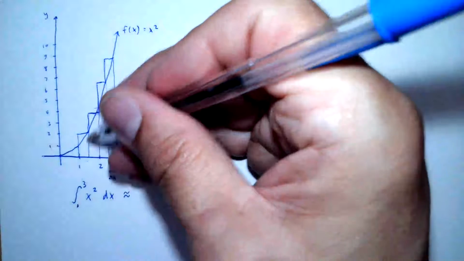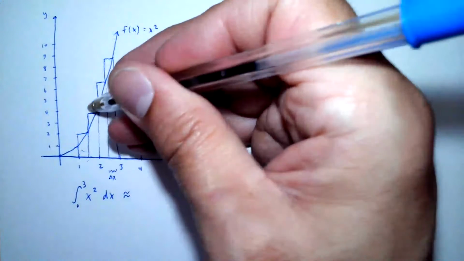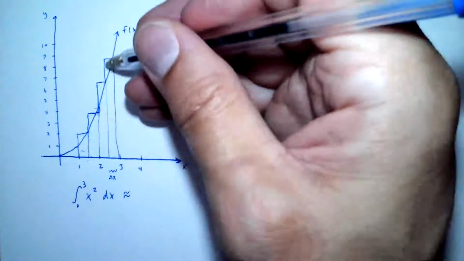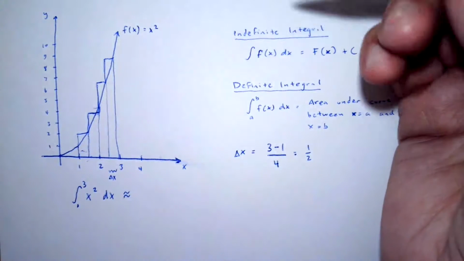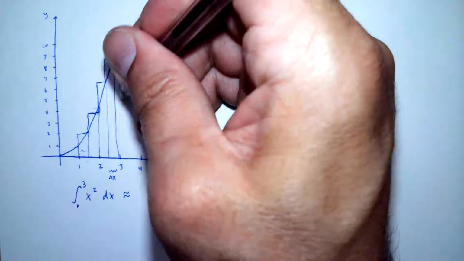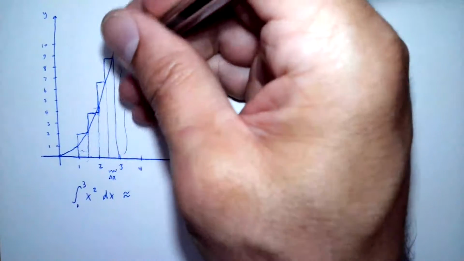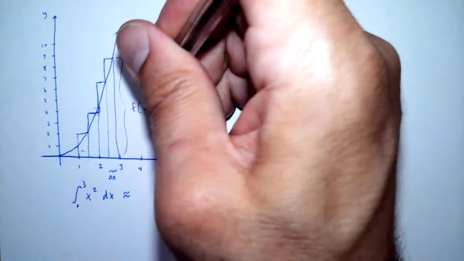So we've got the right-hand side of each of our sub-intervals dictating how high our rectangle is going to be. And then we just add up the areas of the rectangles. And so it's length times width. So this side of the rectangle is going to be f of x, whatever the x is.